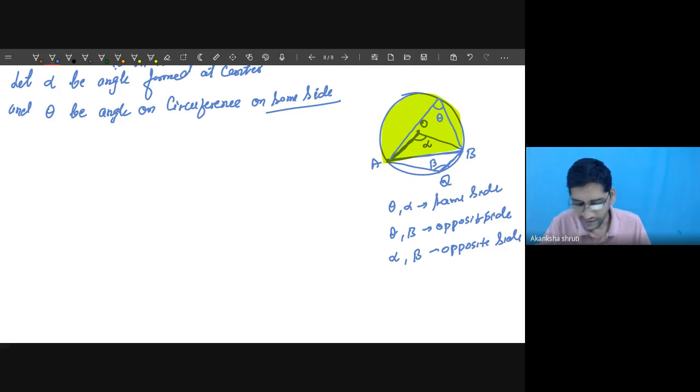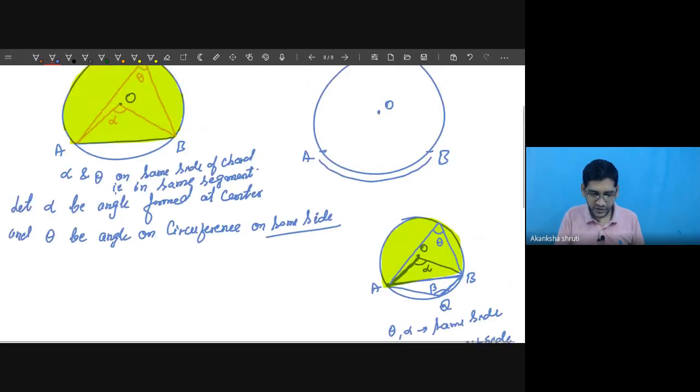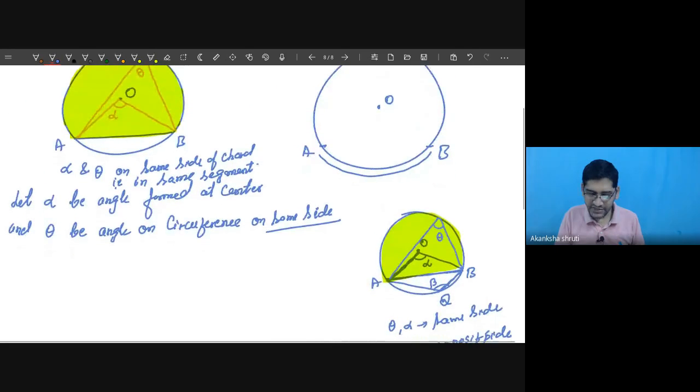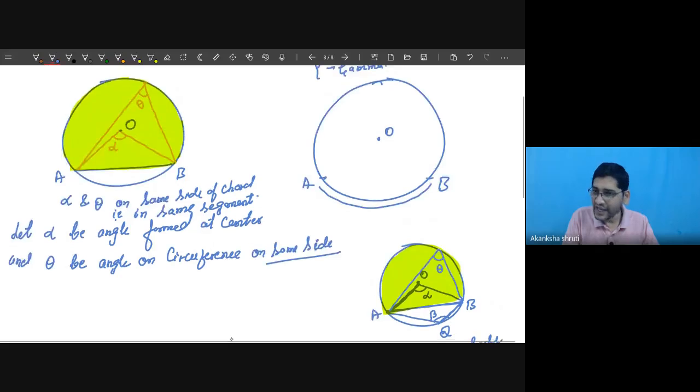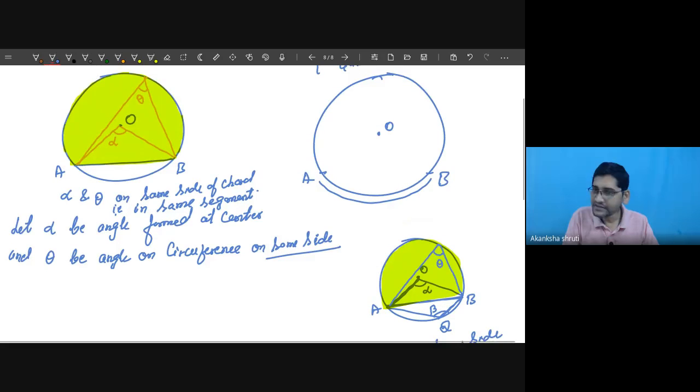So this is the meaning that the two angles are on the same side, then there is a relation that the angle subtended at center is twice the angle subtended at the circumference.